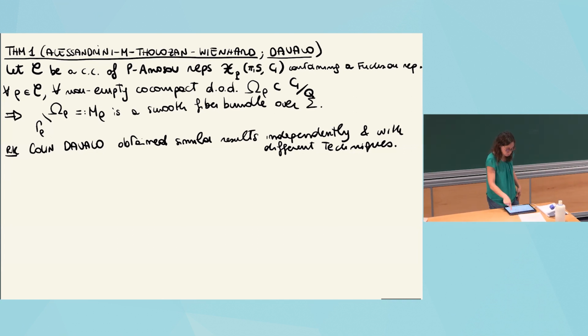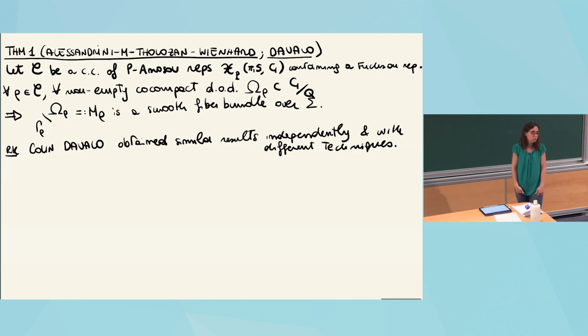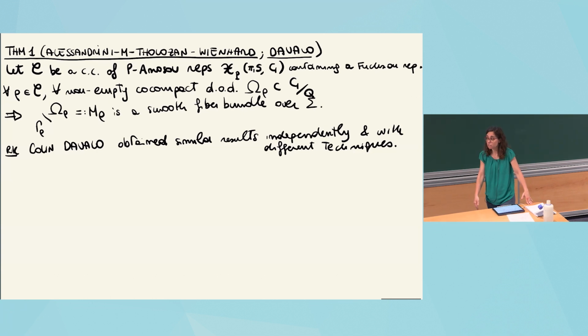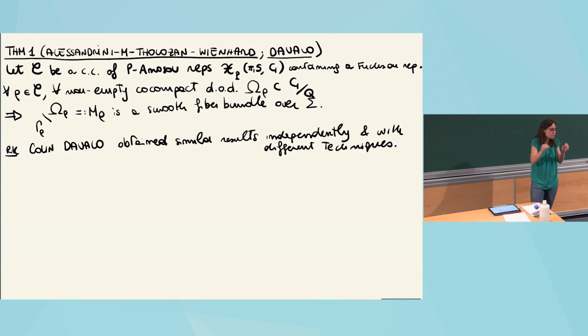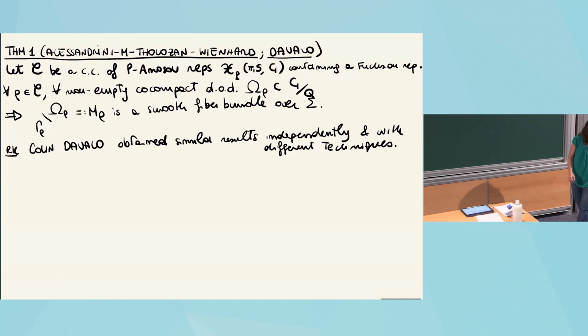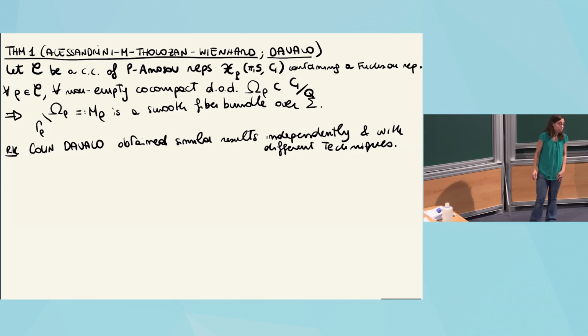Yeah, so one might ask, do you really need to contain a Fuchsian representation, or how restrictive is that? Well, there are examples of Anosov representations that do not contain a Fuchsian representation. Our theorem says nothing about those components, but those components are known to exist in very few cases. In the case of a Fuchsian representation, it is something that factors through some SL2.